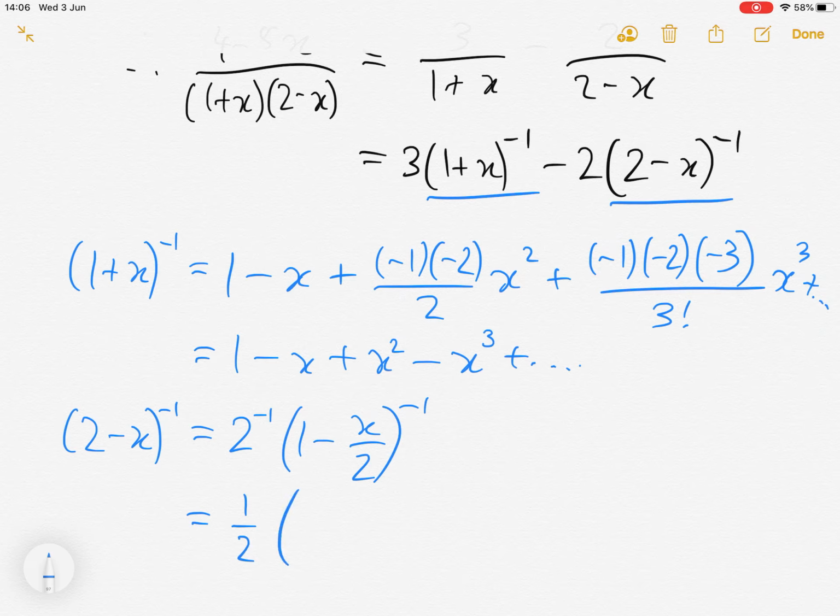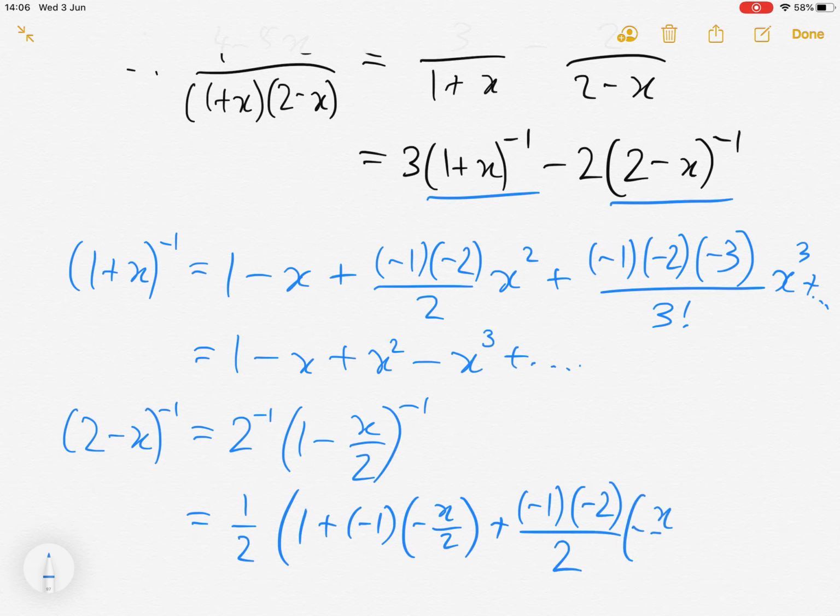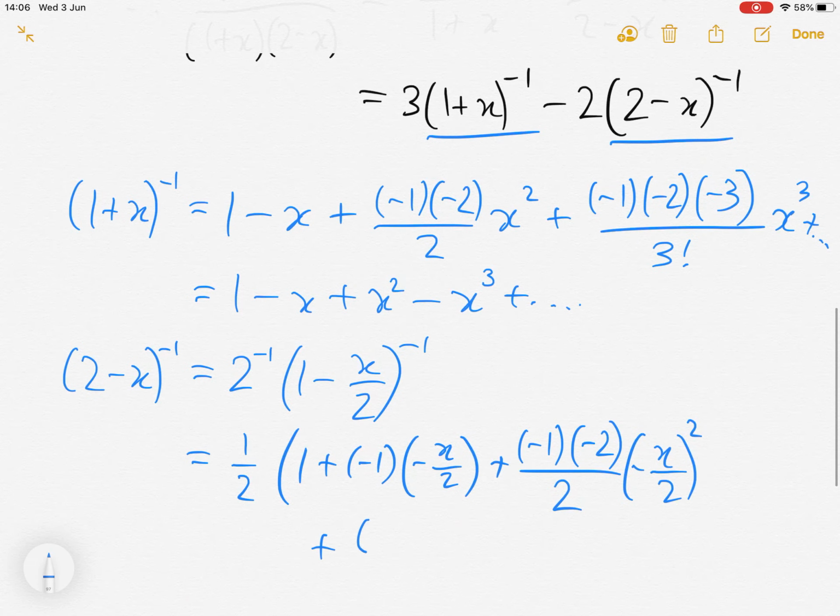And then 1, and then the next term is plus n times minus x over 2. So that's minus 1 times minus x over 2. And then we've got n times n minus 1 over 2 times minus x over 2 all squared. And then the cubic term is minus 1 times minus 2 times minus 3 over 3 factorial times minus x over 2 cubed.